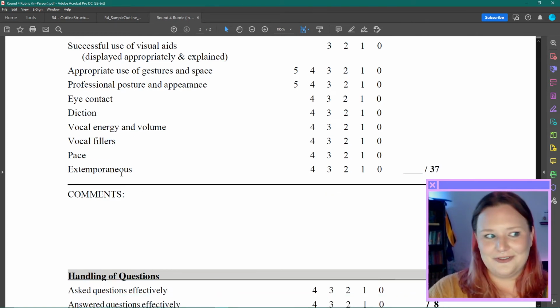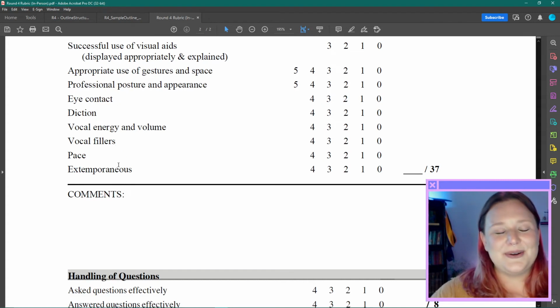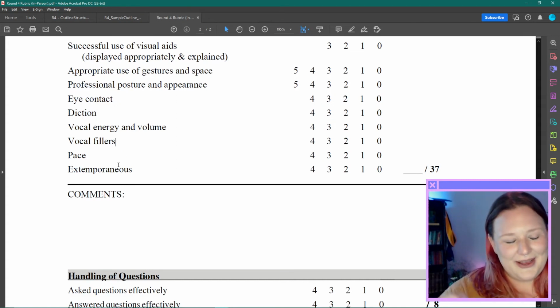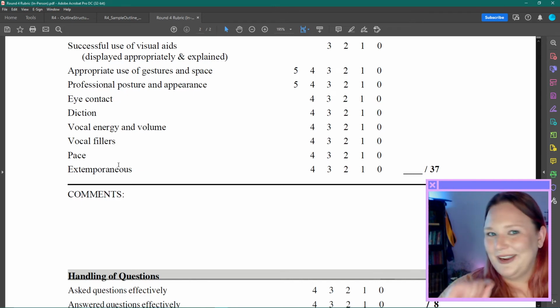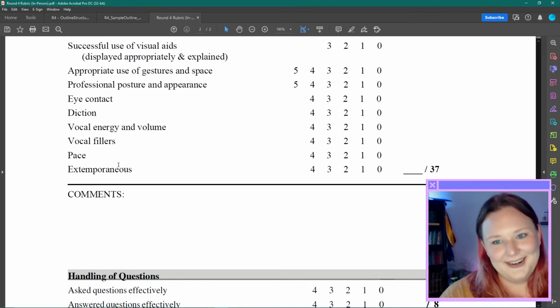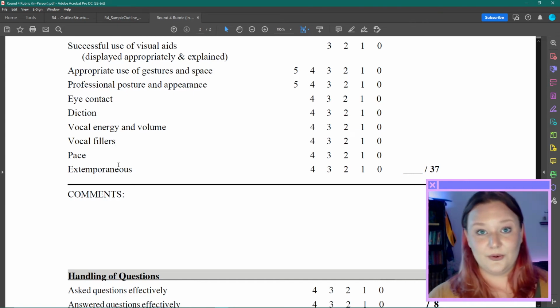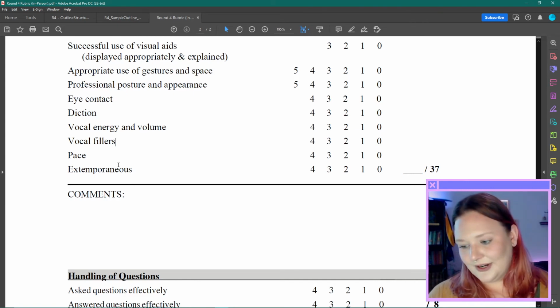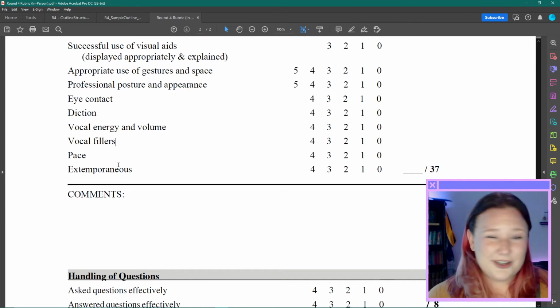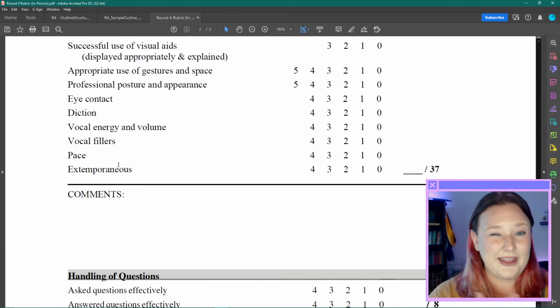Now we get to vocal fillers. So like I talked about in class, I'm not going to be taking off a point for every "um" that I hear. What I'm looking for here is that your vocal fillers are not happening to the extent that they detract from your message or make it harder for you to get your point across, for us to understand you, or even harm your credibility or things like that.